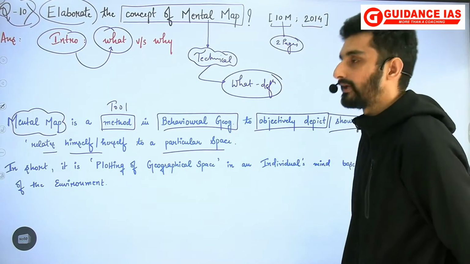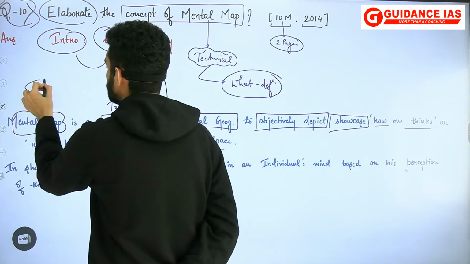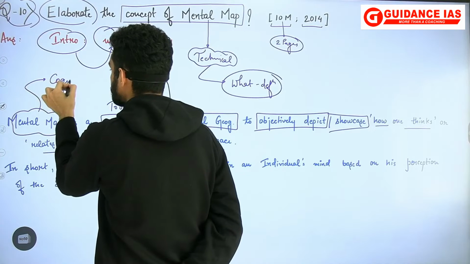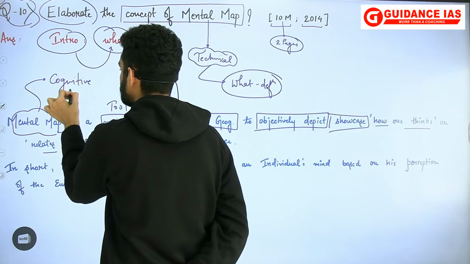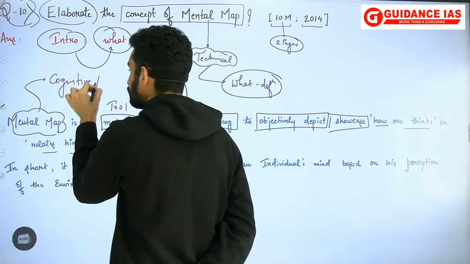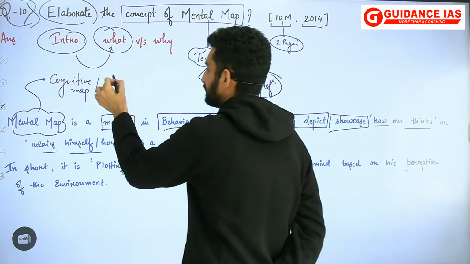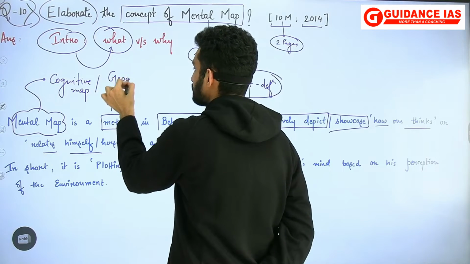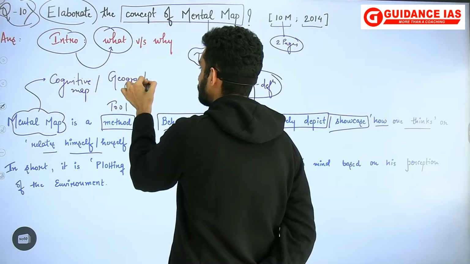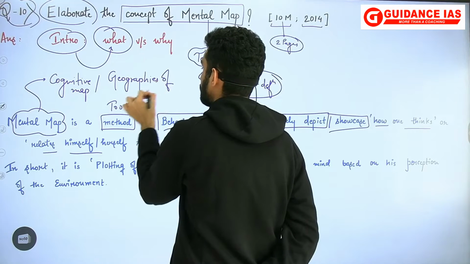So mental map जो है, इसको हम अगर other words में बोलें तो इसको cognitive map भी बोलते हैं. It is also called as cognitive map. और इसको other words में बोलते हैं geographies of mind. Geographies of mind.